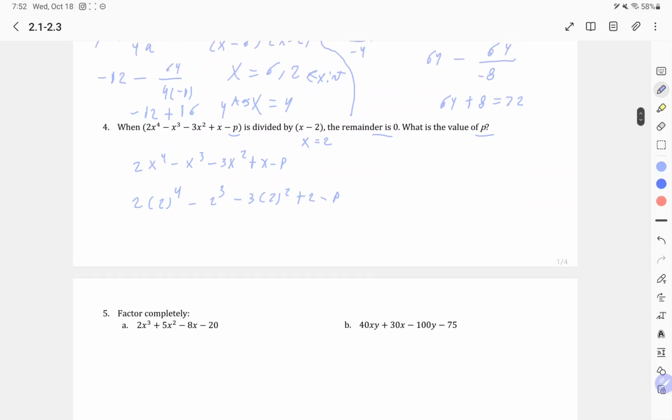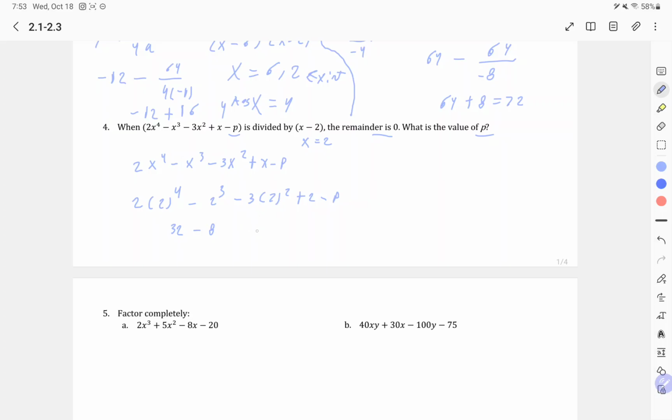All right, now what we have to do is just solve it. So very nice. 2 times 2 is 4, 4 times 2 is 8, 8 times 2 is 16, 16 times 2 is 32. 32 minus 8, and let's pair the next ones.